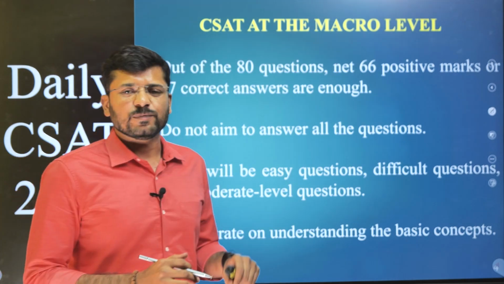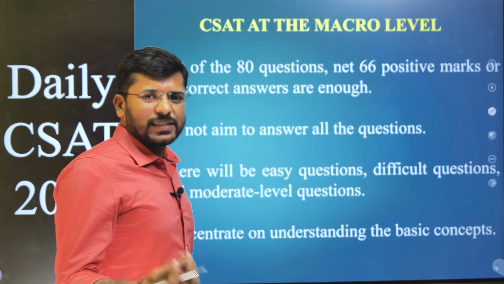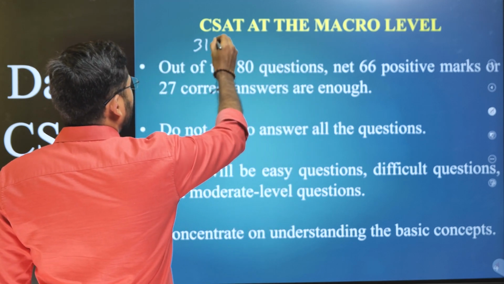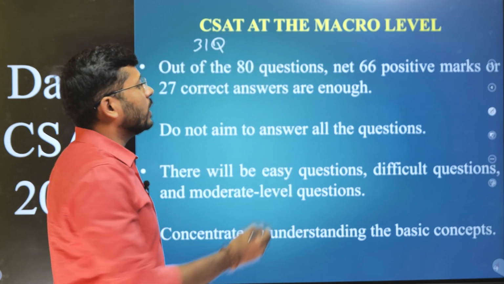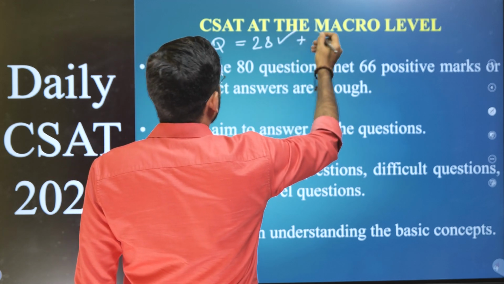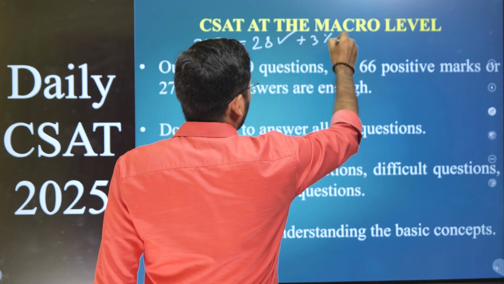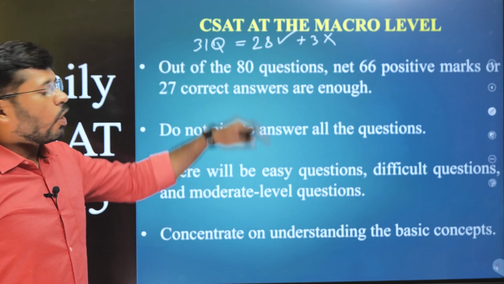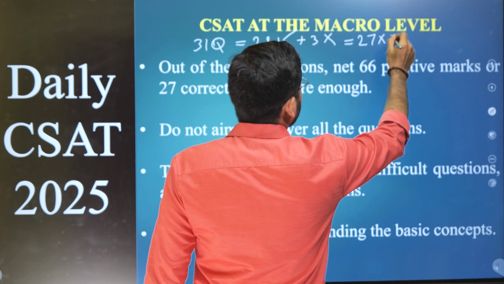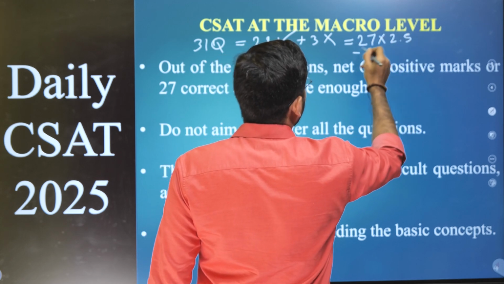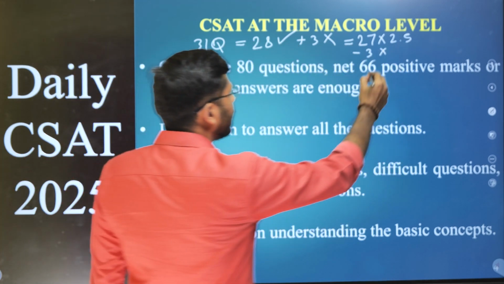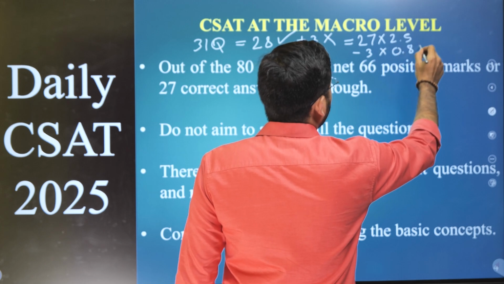Also, there is negative marking. How much negative marking? For example, let's say you answered 31 questions totally, and out of those 31 questions, you got 28 right and 3 wrong. How much will that be? For the 28 right questions, you will be awarded 2.5 marks each. However, for the 3 wrong questions, you will be deducted, I think, roughly 0.825 marks.